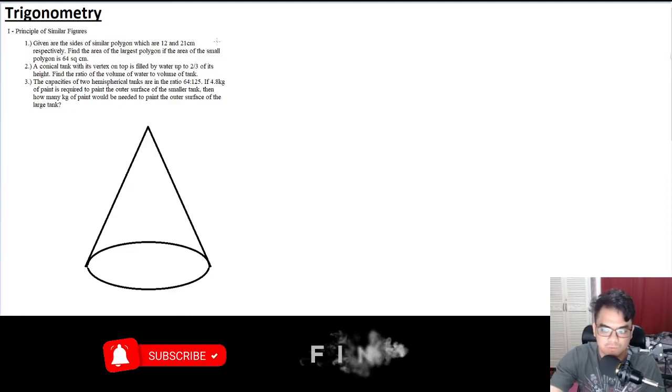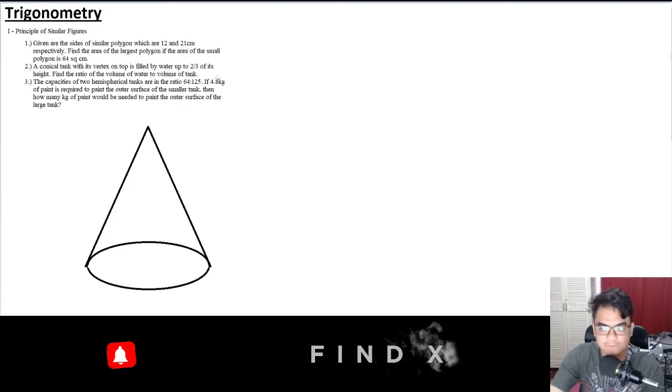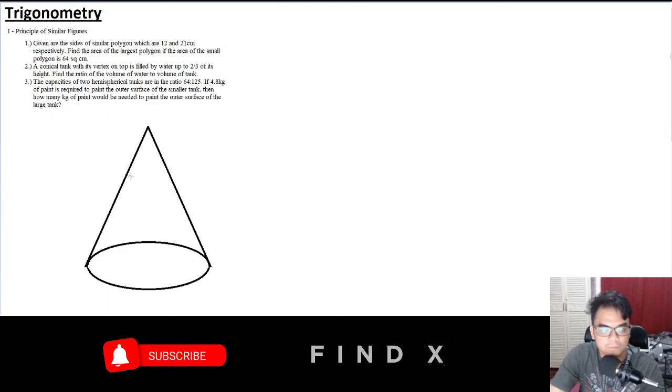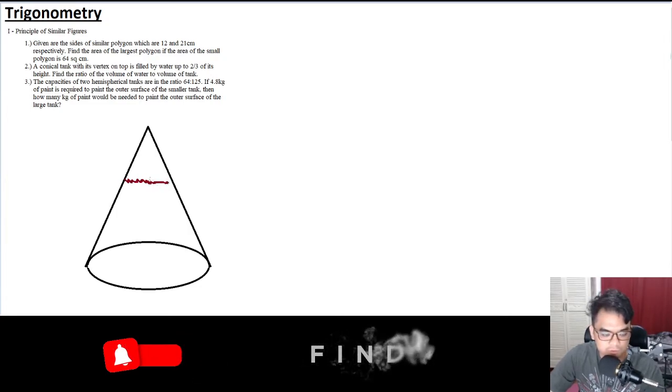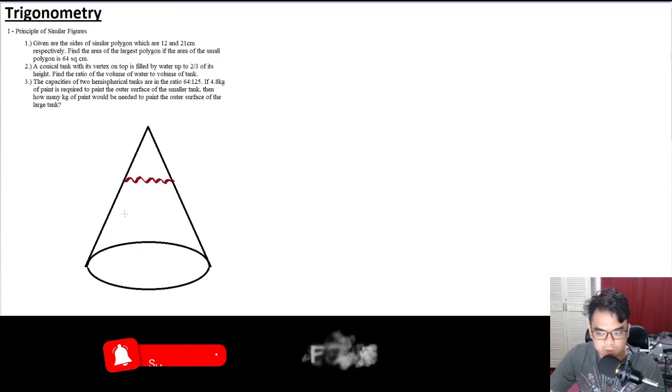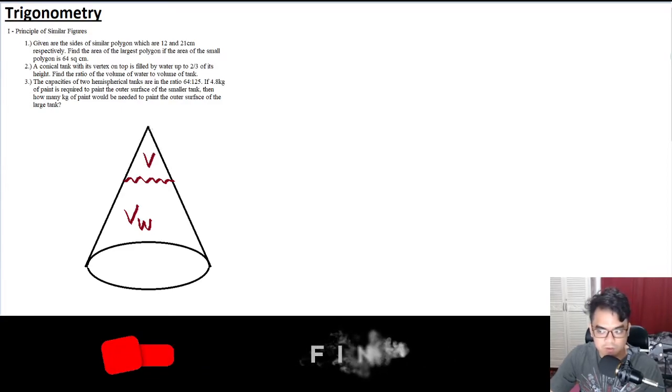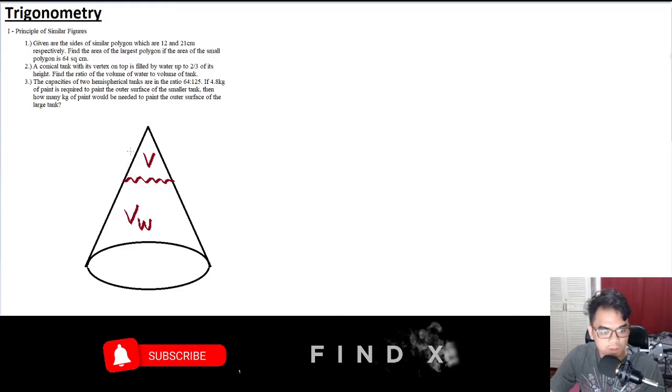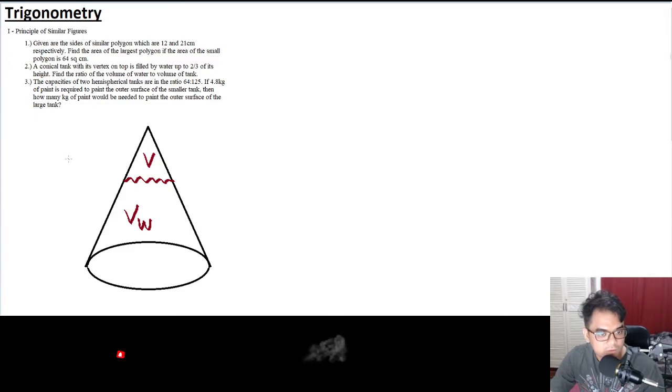Let's put labels. We've got water here, so this is the water line, or the surface of the water. This part is the volume of water, VW, and let's just call the top part V. And of course the whole tank is VT, or the volume of the tank.